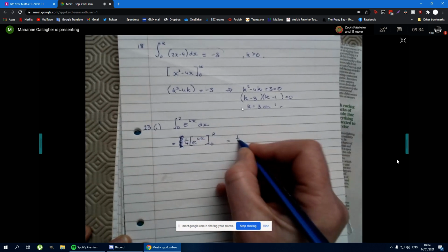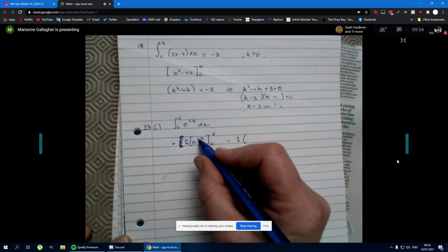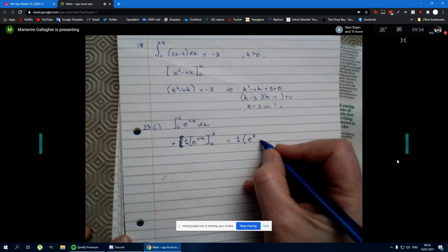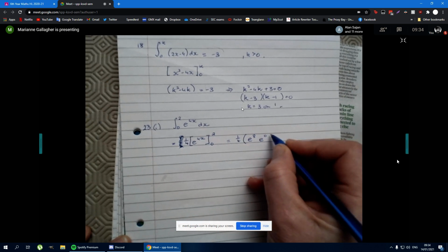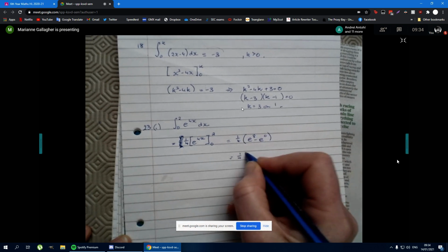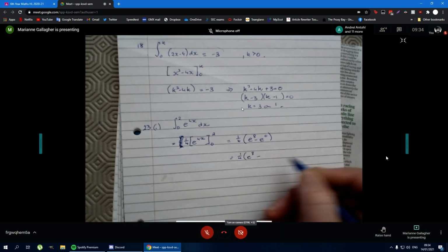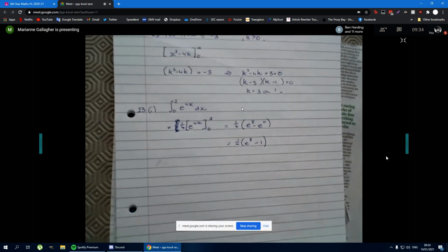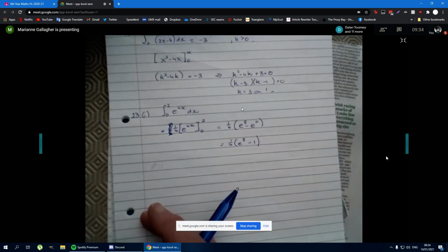So that gives you 1 over 4. First bracket is e to the 4 times 2, so that's e to the 8. Second bracket is e to the 4 times 0, which is e to the 0. And what's anything to the power of 0? 1. Okay, so that's your answer. And you can leave it in that form. That's perfectly acceptable.